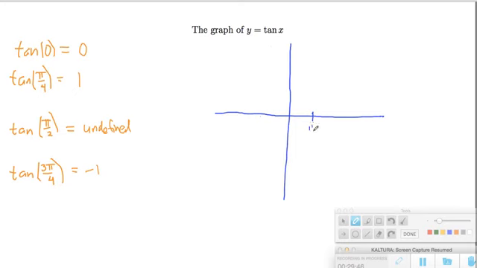We've also looked at pi over 4. We considered pi over 2, 3 pi over 4. We could do pi as well.